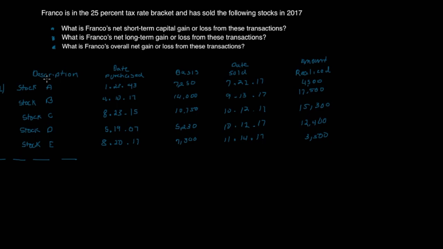Okay, so moving on to stock B. It says the date purchased was 10/17, and the date sold was in the same year, so we will characterize that as a short term. Stock C, purchased in 2015, sold in 17, so it is a long.